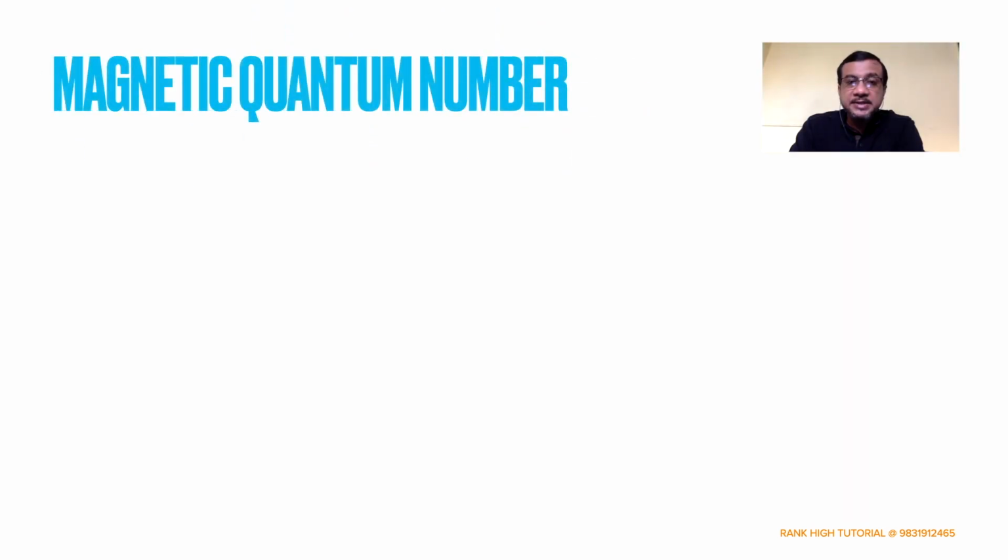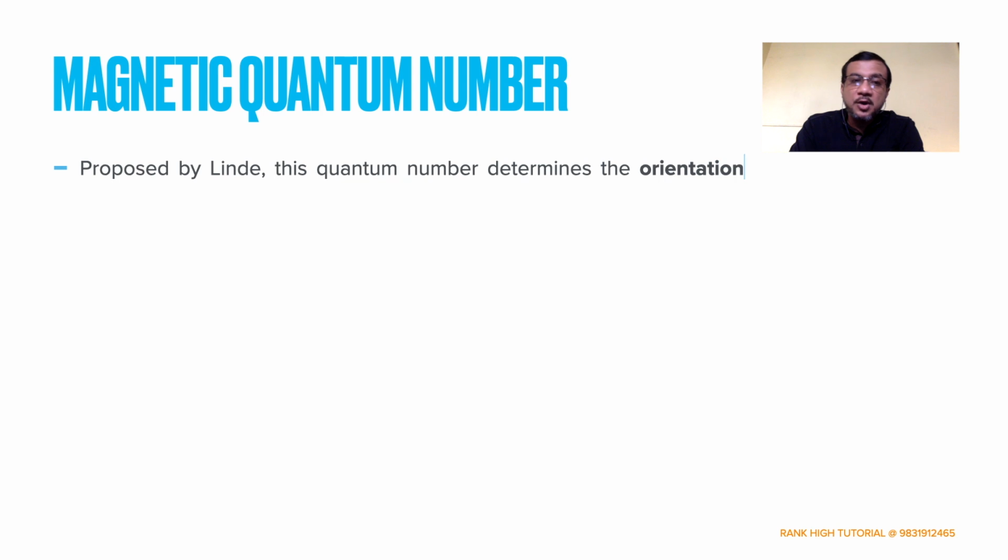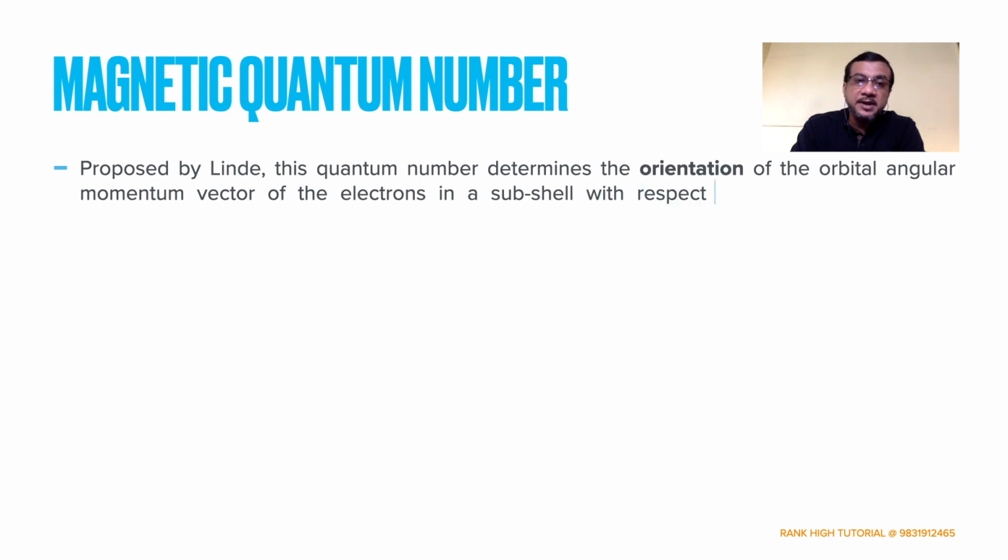Now we will discuss the magnetic quantum number. Proposed by Linde, the magnetic quantum number determines the orientation of the orbital angular momentum vector of the electrons in a subcell with respect to an externally applied magnetic field.